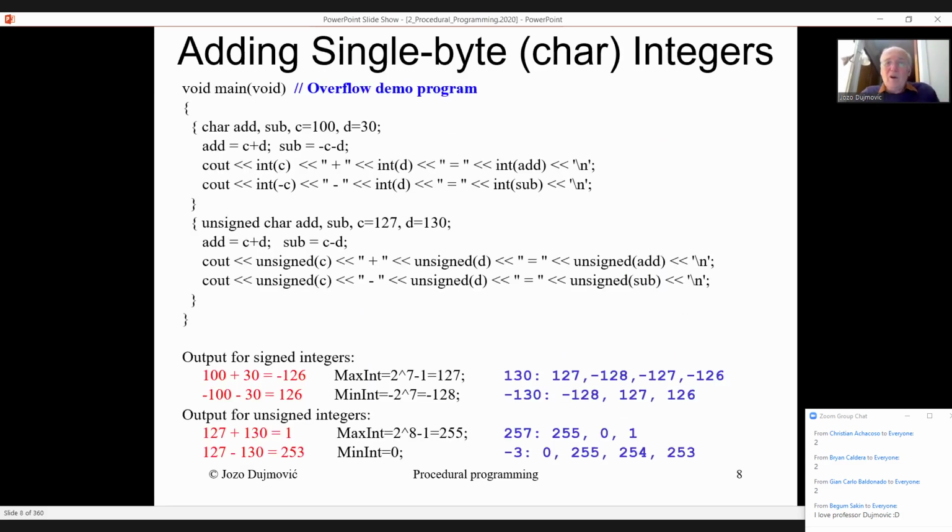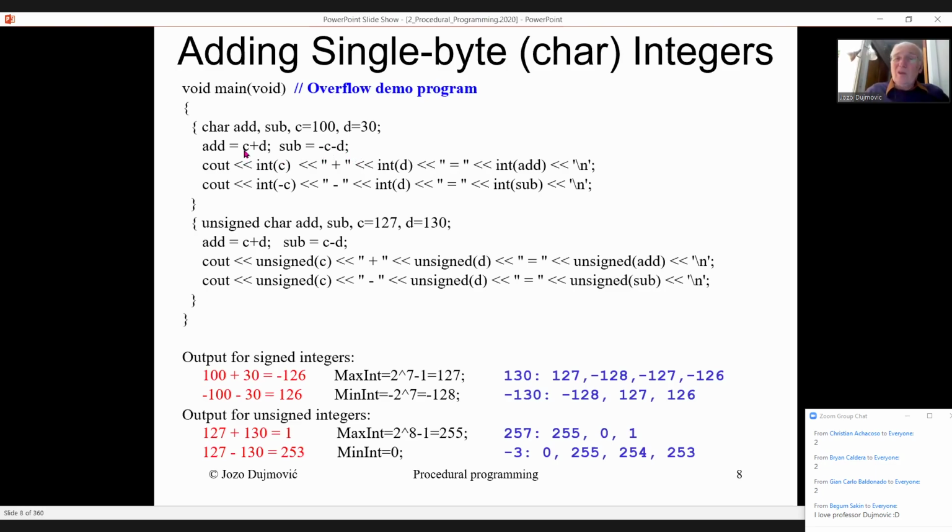So in my little program here, I have signed integers, and I have two values, 130. I want to add 100 plus 30, and I want to subtract minus 100 and minus 30.